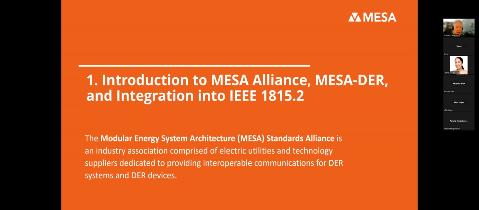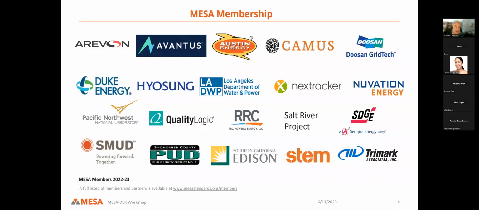So I'm just going to start with the introduction of MESA. MESA Alliance is an industry association comprised of electric utilities and technology suppliers, and we're dedicated to providing interoperable communications for DER systems and DER devices. So we do have a number of members.